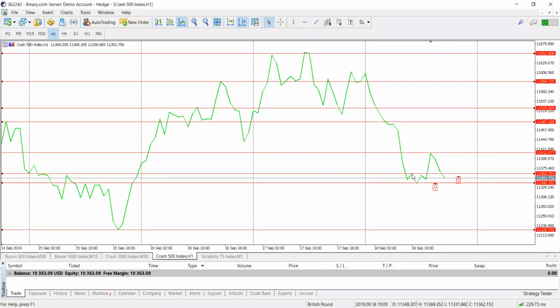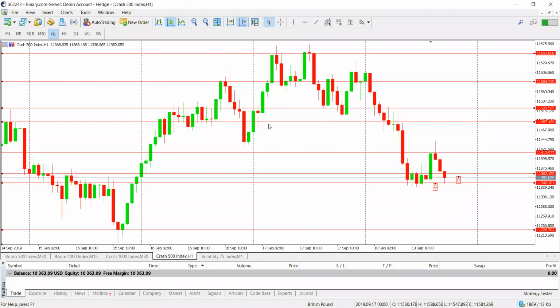You make profits and you close. So when price reaches here, we are expecting some kind of a reaction, you see, because that is how these assets will always move.